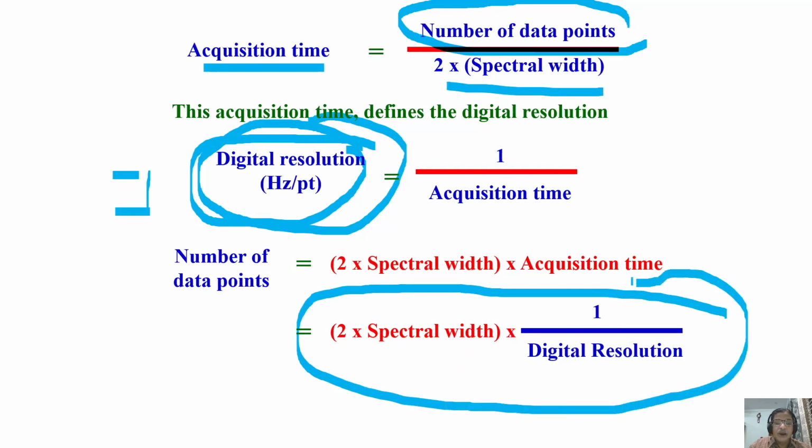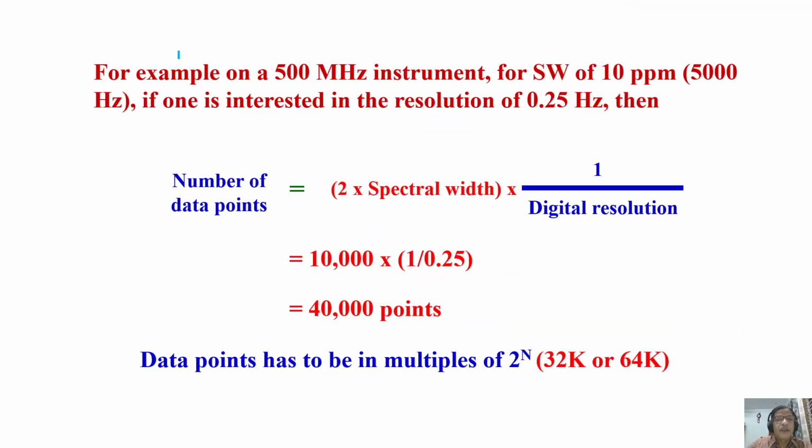This tells you how many data points you need to collect to get good resolution. Okay, you can decide that. For example, I have a 500 megahertz instrument for which I have to acquire data for 10 ppm. You all know 10 ppm in 500 megahertz corresponds to 5000 hertz.